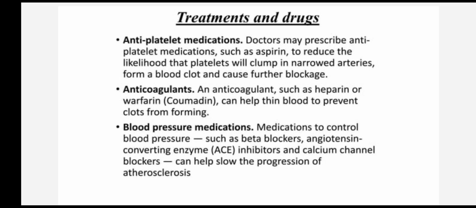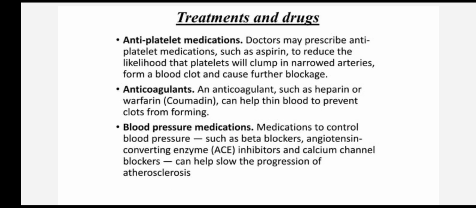Treatment and drugs. Antiplatelet medication. Doctors may prescribe antiplatelet medication such as aspirin to reduce the likelihood that platelets will clump in narrowed arteries, form a blood clot and cause further blockage.